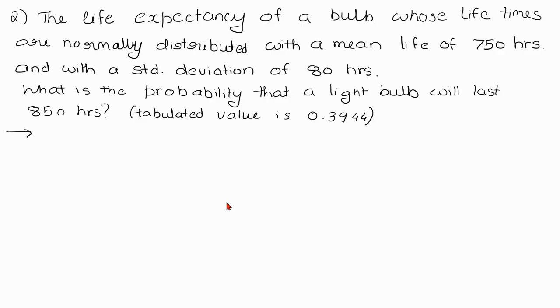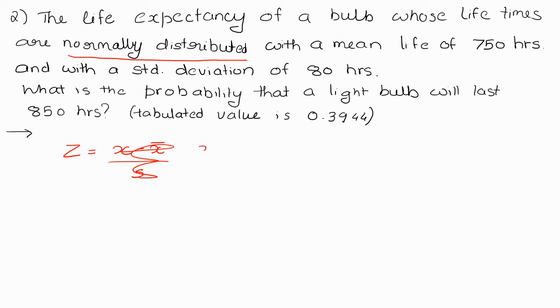Now let's see one more example. The life expectancy of a bulb whose lifetimes are normally distributed. See, this phrase normally distributed tells you that you have to use this formula: Z is equal to x minus x bar upon s.